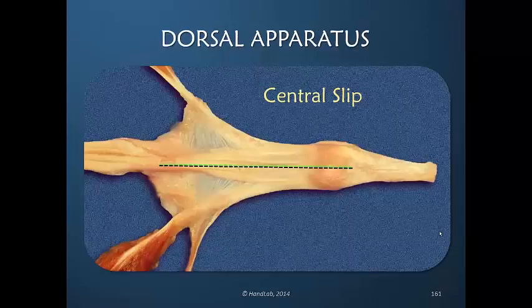Here on the cadaver we see again that the central slip would continue straight until it is distal to the proximal interphalangeal joint, where it then inserts into the dorsal aspect of the middle phalanx. The central slip is the central portion. The central slip insertion is the insertion point.